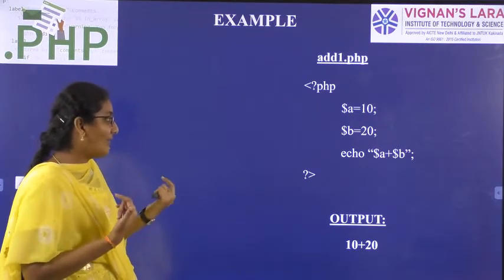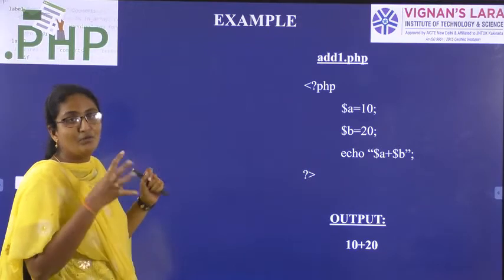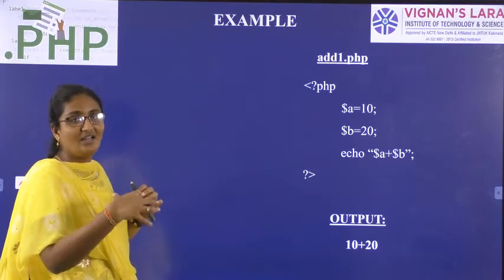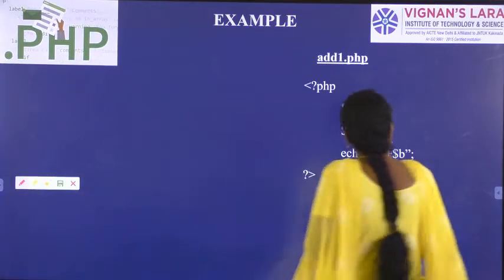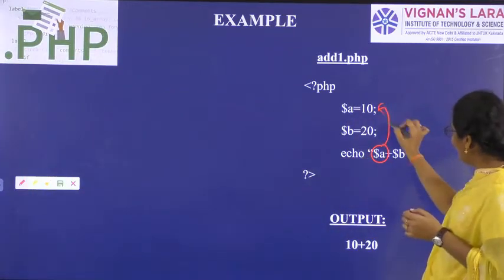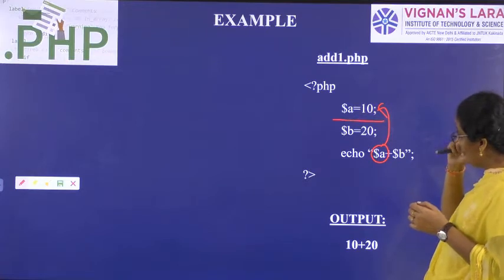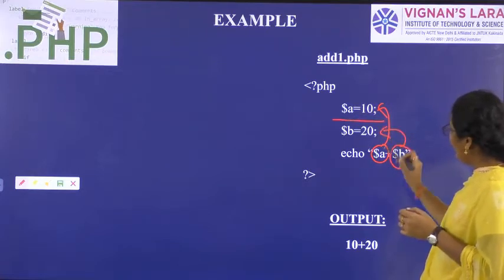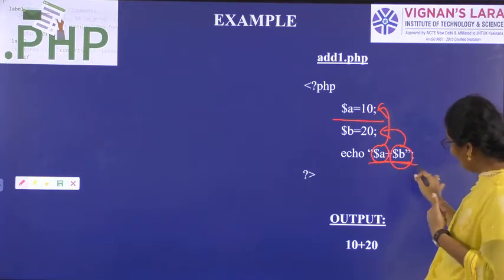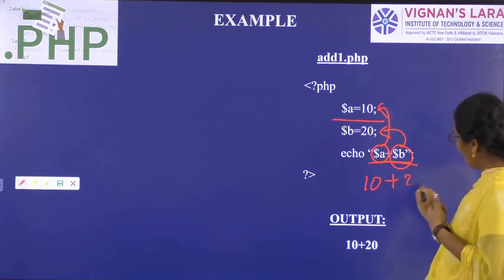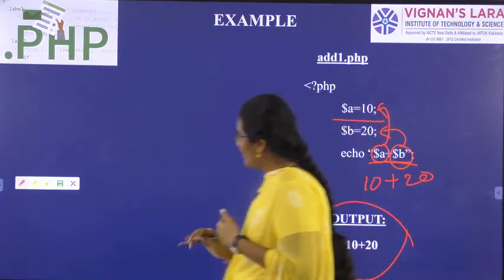Now I am using double quotations and the echo statement, which means whatever is there in double quotations will print as the output. So we have $A, which means 10, as I have initialized this variable to 10, and $B, 20. Now what will it print? The values of $A and $B will print, so 10 plus 20 will be the output for this program.